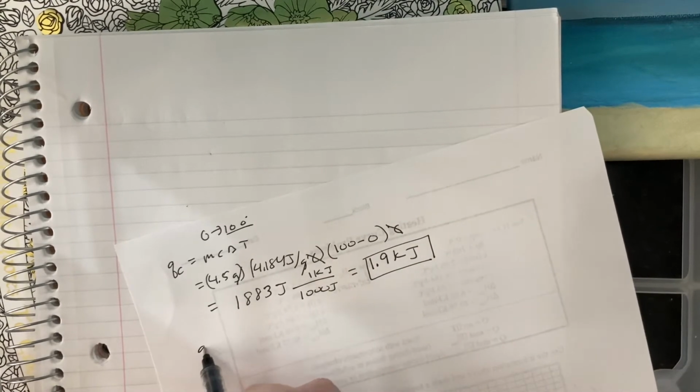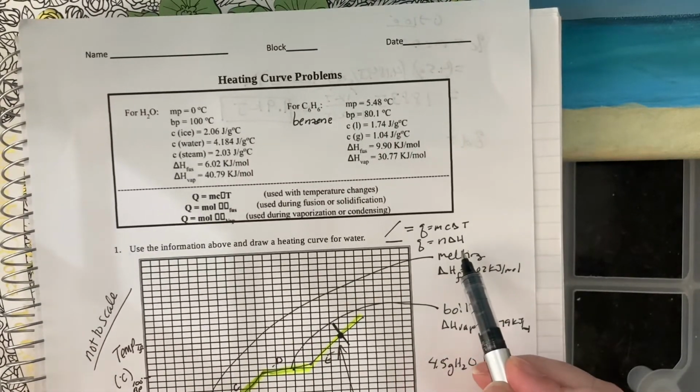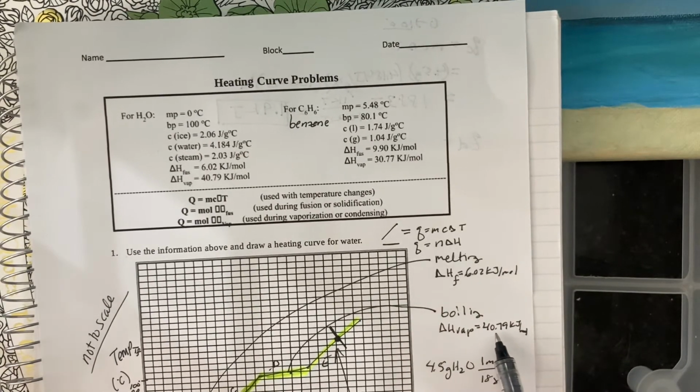Okay. QD. QD is the flat line, so I'm going to use N delta H, and I'm going to use the heat of vaporization here.